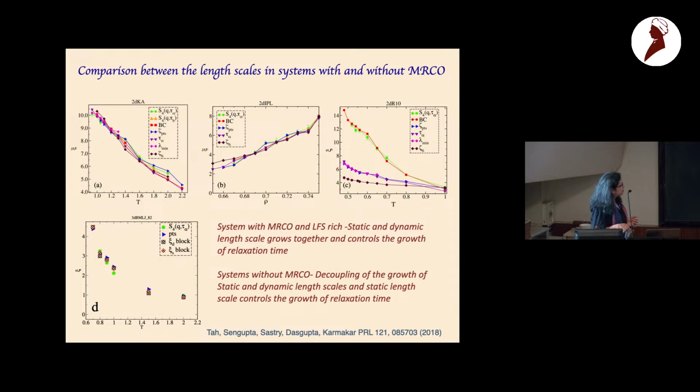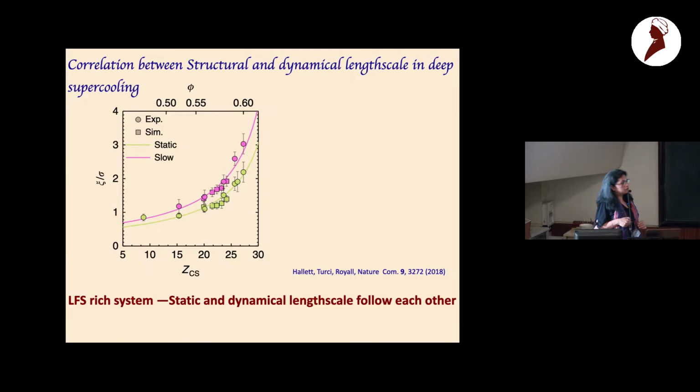And here there is a 3D system, which is an LFS-rich, locally preferred structure-rich system, where the static and dynamical length scale grows together. And then there is work by Paddy, which he mentioned a little. He didn't put this figure, though, that when you go to the deep supercooled regime, you will see a growth of the LFS-rich regime where a larger number of icosahedra are present, and there the static and dynamic length scale grows together.